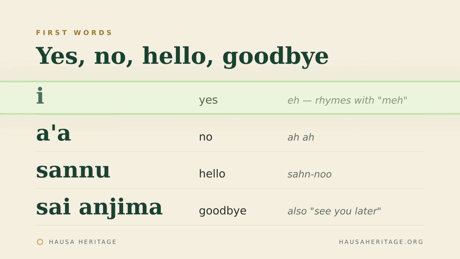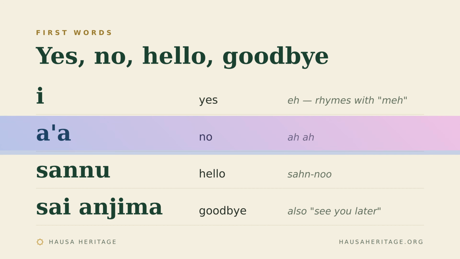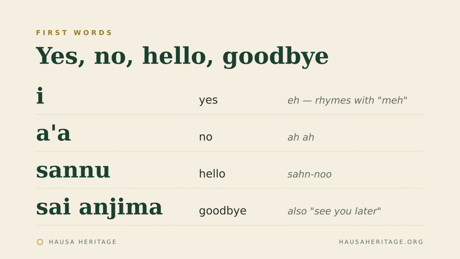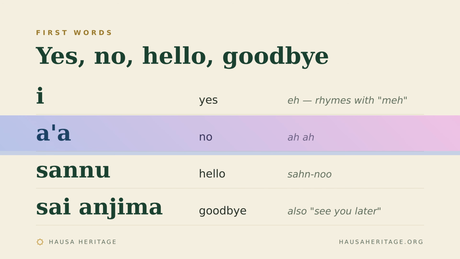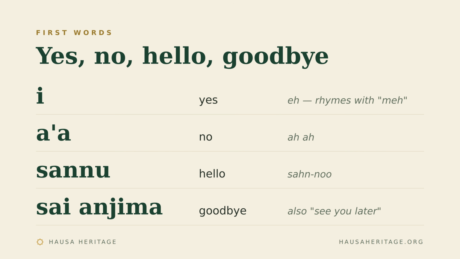So simple. The next word is a'a. A'a means no. Say it with me. A'a. It's all the same thing. It means no.